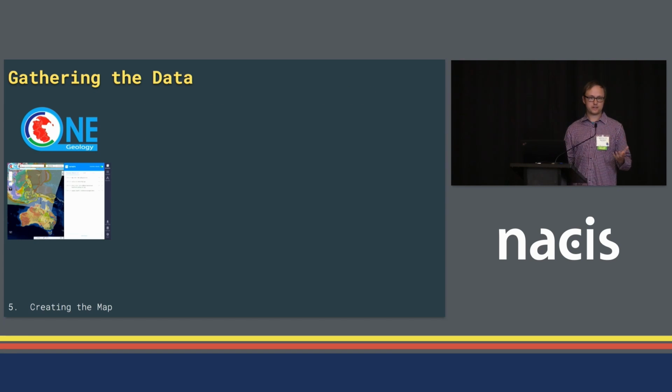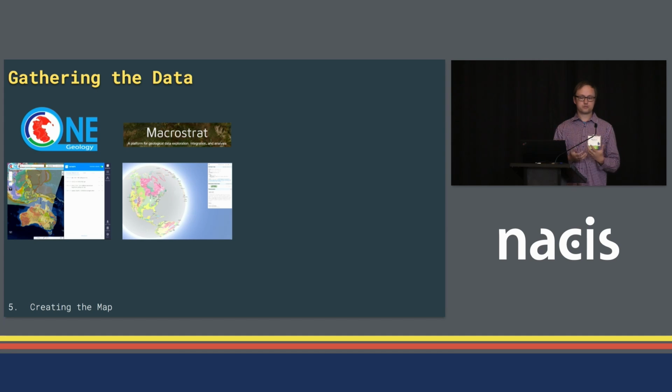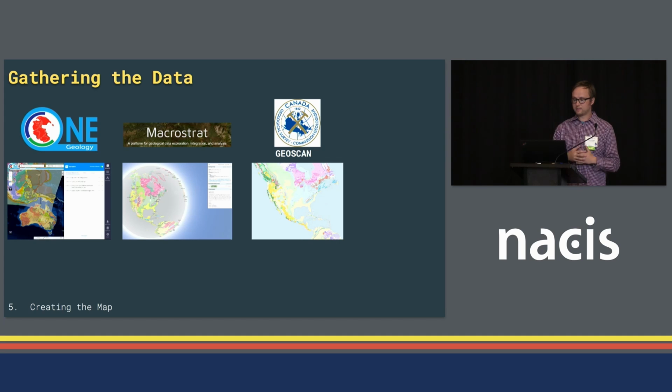So in gathering the data, there's a bunch of really good online resources. One of them is called One Geology, which just has a whole variety of different geologic maps from all the different geological surveys around the world. We also have MacroStrat, which uses similar data layers, but just has a much cleaner interface to it. The Canadian Geological Survey has a pretty good, very detailed geologic map of the world.